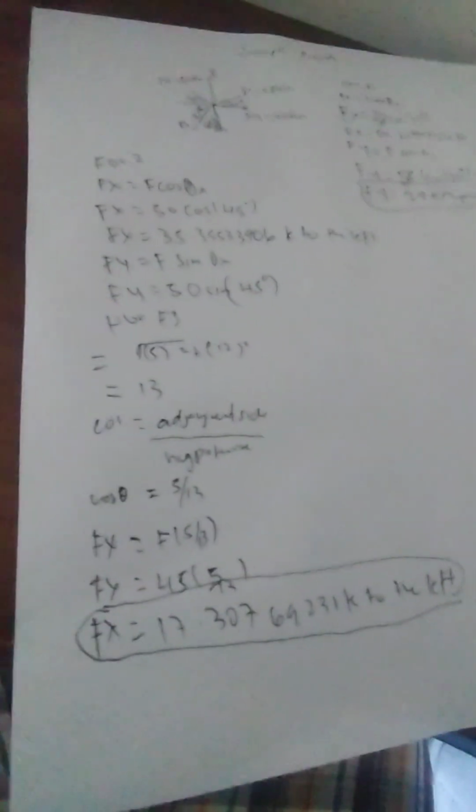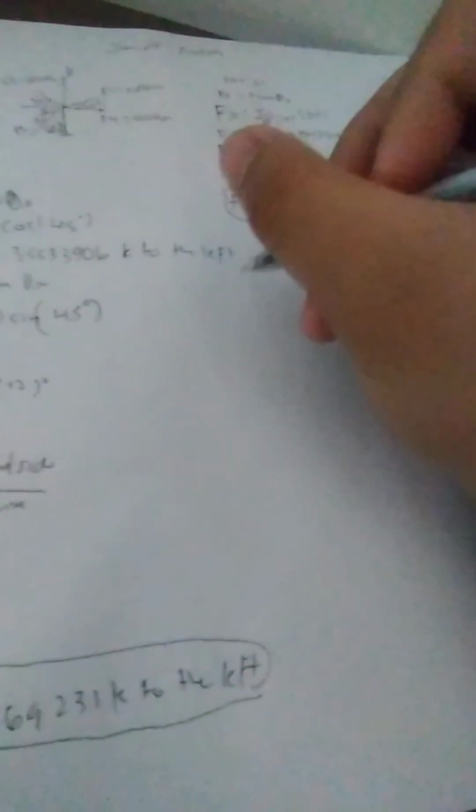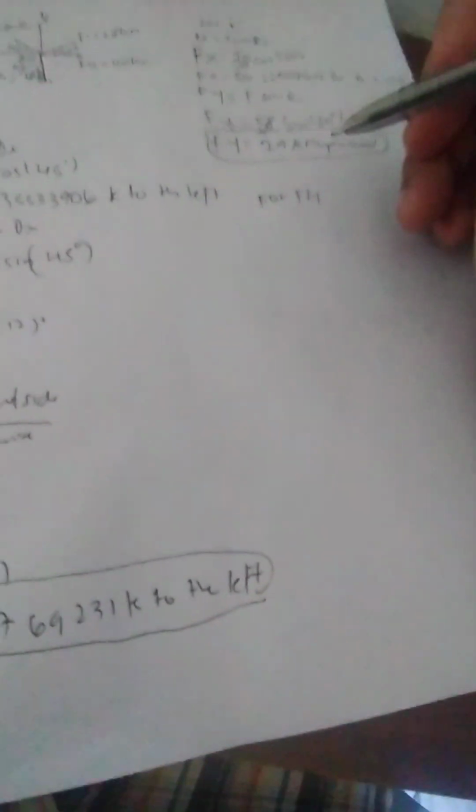So, for number 4 is this one. For F4, since the force F4 is directly horizontal, its angle from the x-axis is 0 degrees. So Fx is F cosine 0 degrees, Fx is 40 cosine 0 degrees.